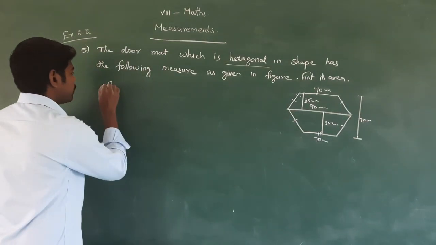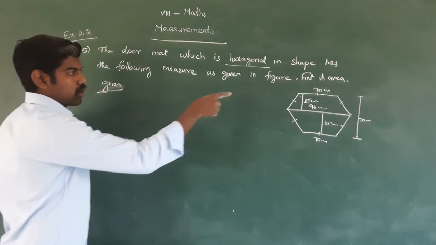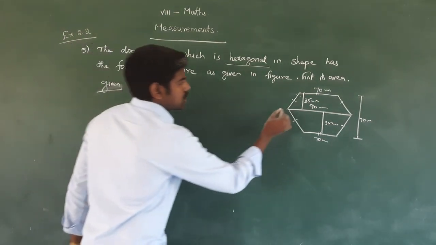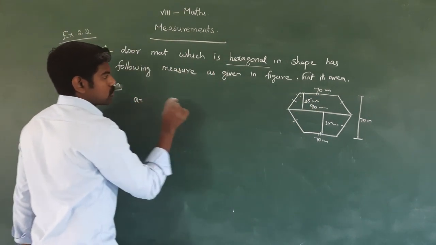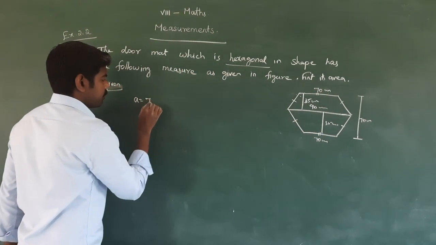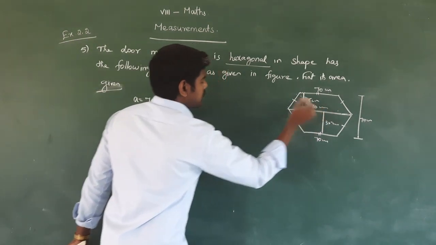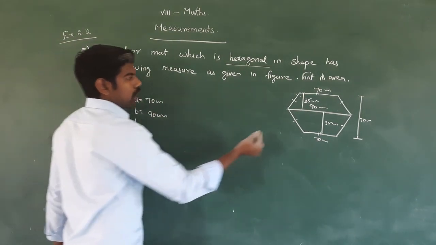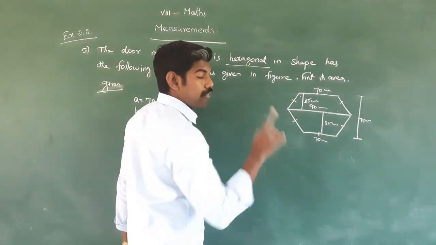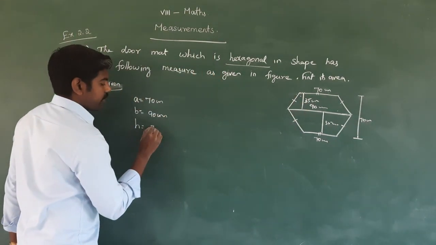So given, one trapezium: A is equal to 70 centimeter, B is equal to 90 centimeter, height is equal to height of one trapezium, not the total height, 35 centimeter.